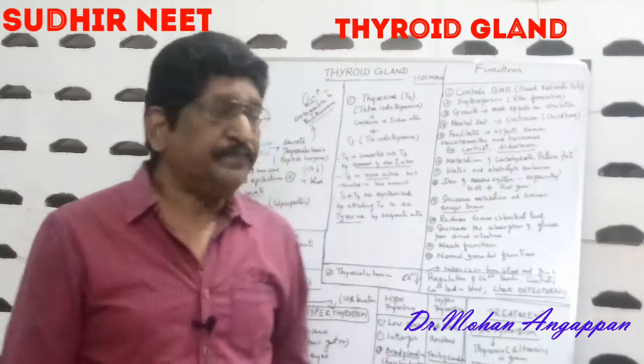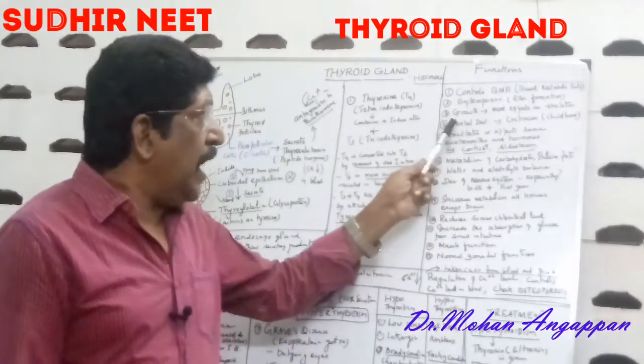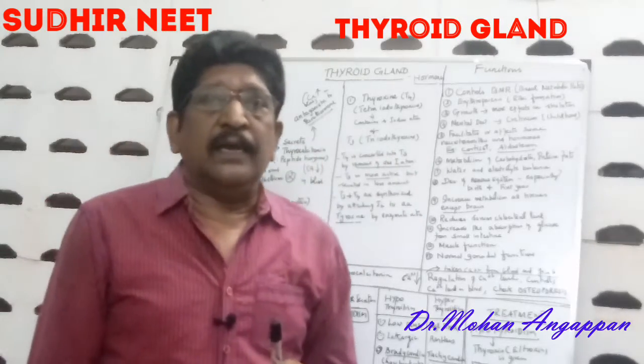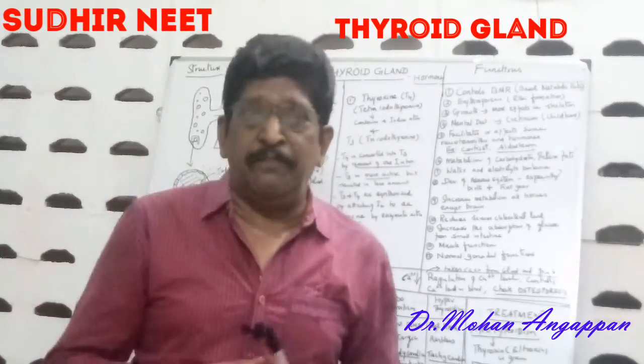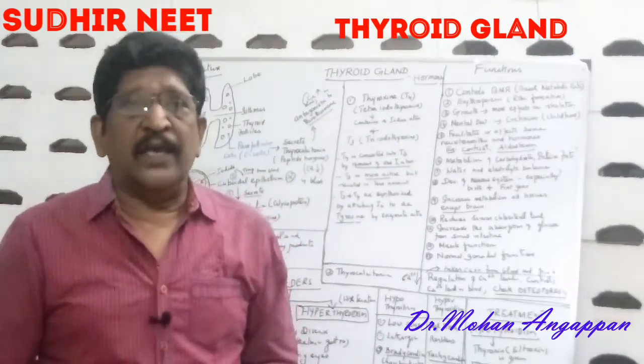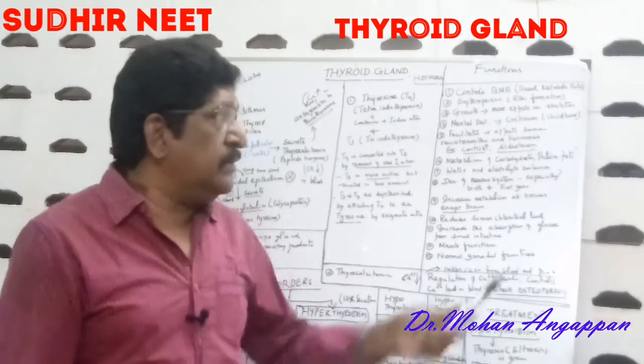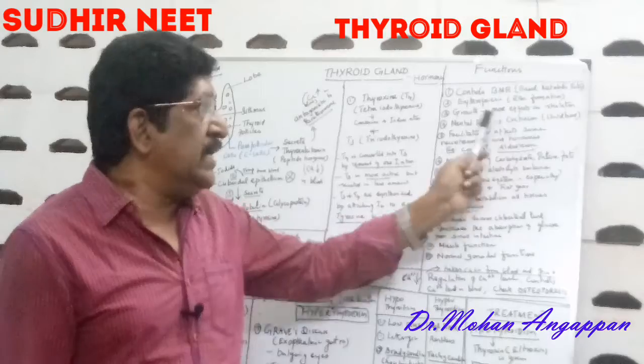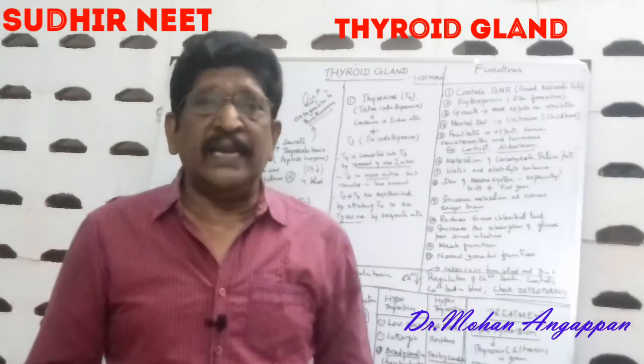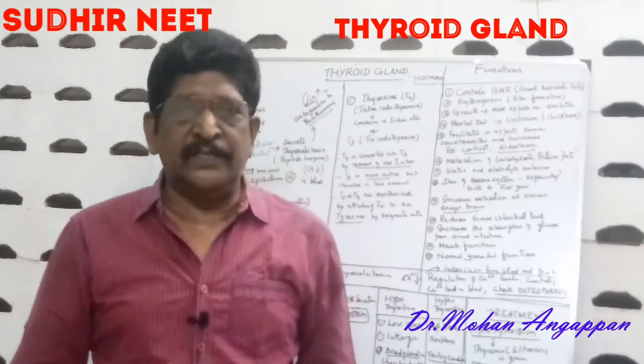This is very important. Number 4, another very important function, it controls the mental development. Thyroxine is very important for our mental development. So in childhood, if it is secreted in lesser amount, it leads to the disease called cretinism.